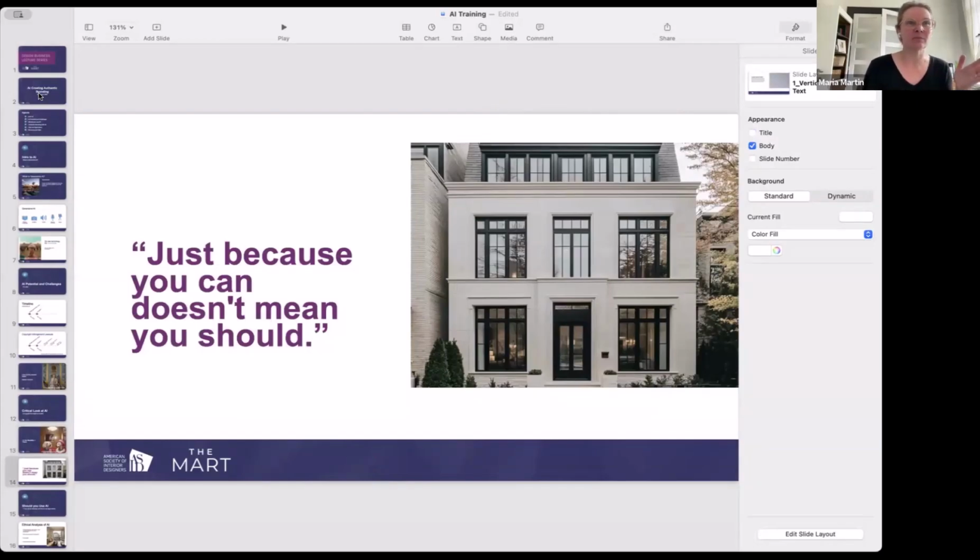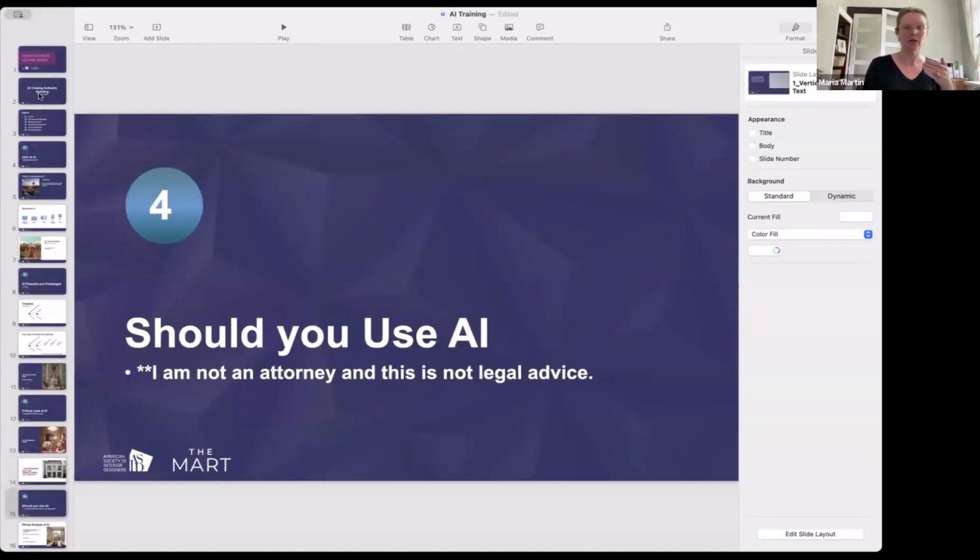So just like everybody's mom says out loud, as a mom, I say it too, just because you can, it doesn't mean that you should, right? So there's always going to be a time and a place where maybe you shouldn't be using it. And that's understanding AI. Knowing when not to use it is just as important as knowing when you should be using it.